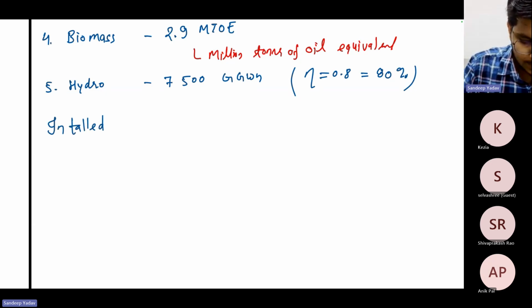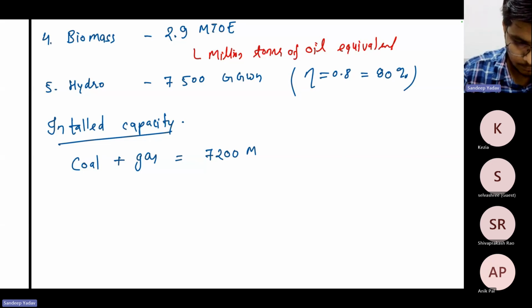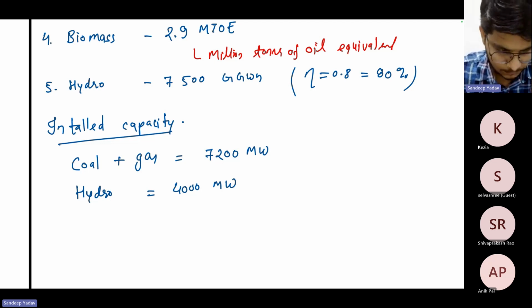Total installed capacity we can calculate from coal plus gas, which will be 7,200 megawatt, and hydro is 4,000 megawatt. So these are the things that are already given in the question.